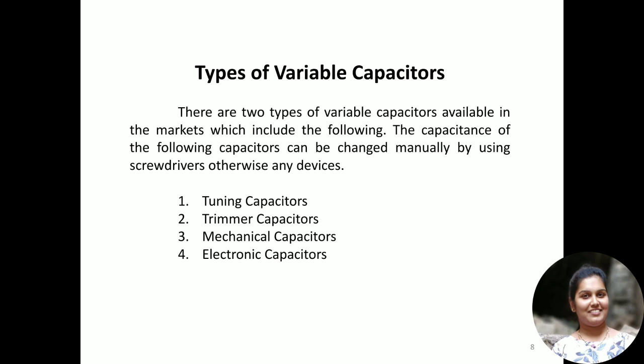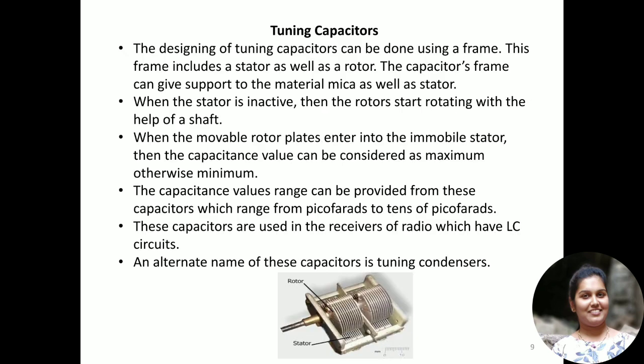The first one is the tuning capacitor, second one is trimming, third one is mechanical capacitor, fourth one is electronic capacitor. So let's discuss all these things in detail. This is how a tuning capacitor looks like. We just have a frame.